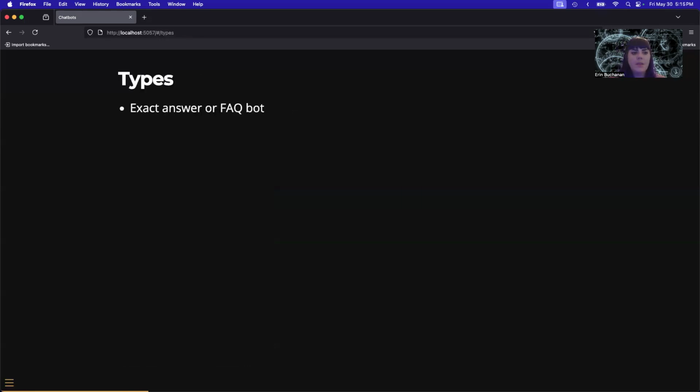Right? So what are the types of chatbots? So we can have our exact answer or frequently asked questions bot. This is the kind of thing that you'll find on most tech support or shopping commerce websites where there's sort of a limited set of things that you can ask it, because it's easy to train, and then it has a limited set of answers that it might give back.